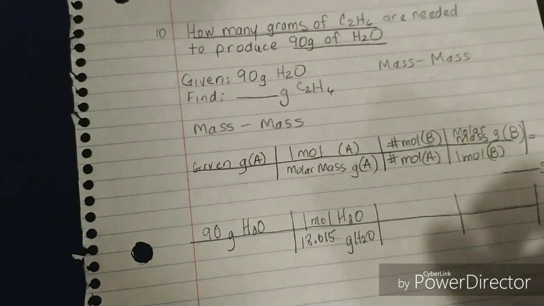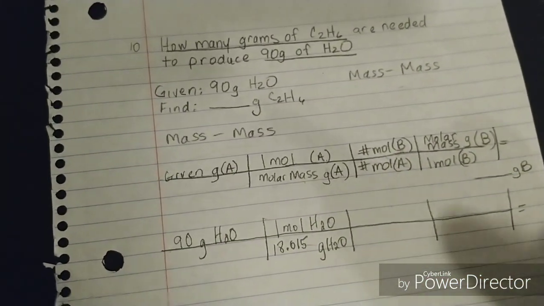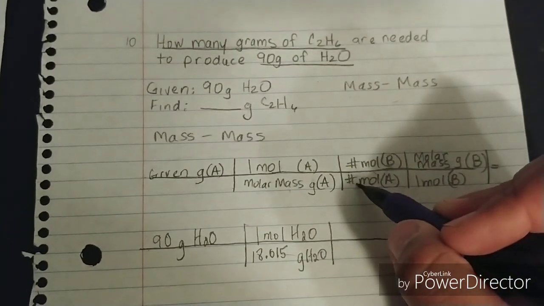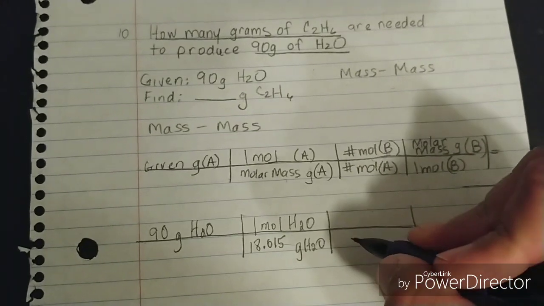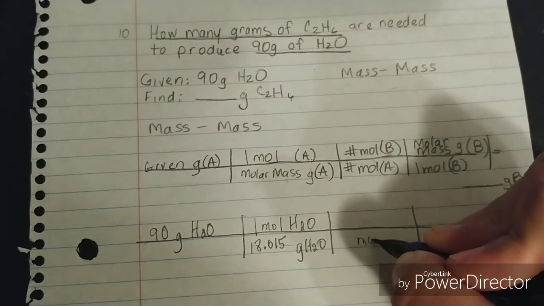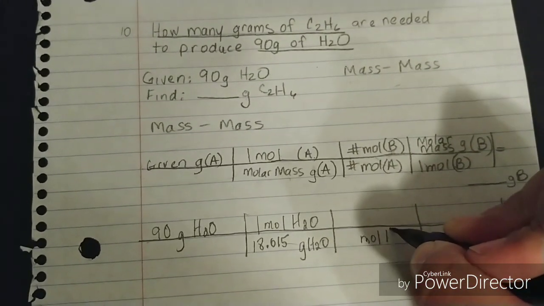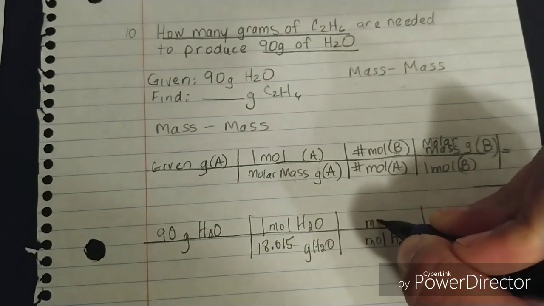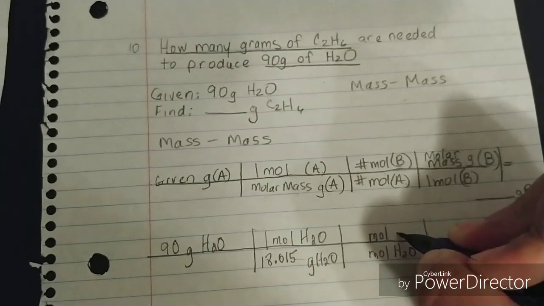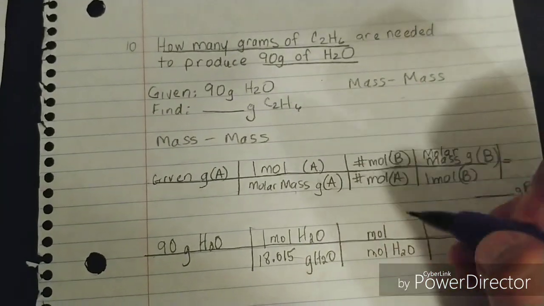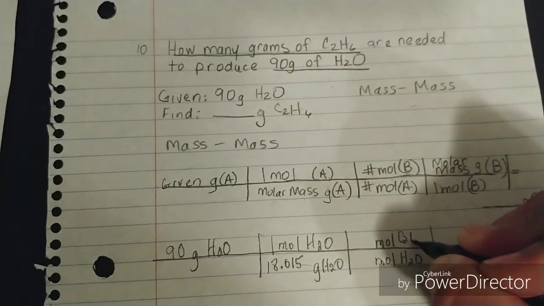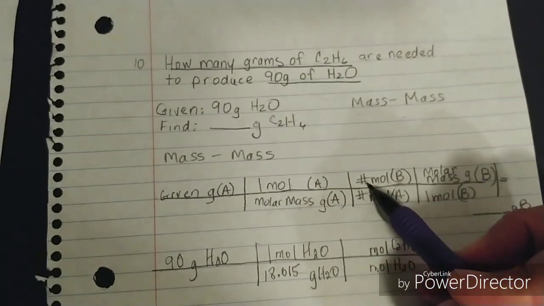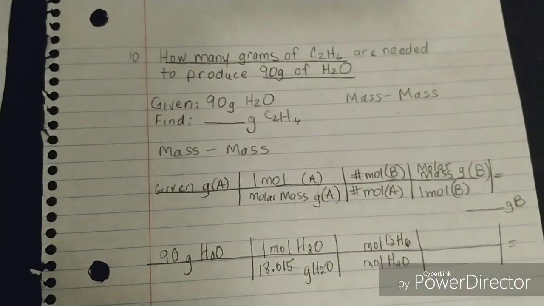Okay, so then our next step, according to our setup, this is where we do the molar ratios and we use the coefficients. So this is saying to do moles of A, which is H2O. And then this is saying to do moles of B. And in this case, B would be what we're trying to find, which is C2H6. Remember where we see the pound sign, those are the coefficients in the balanced equation.